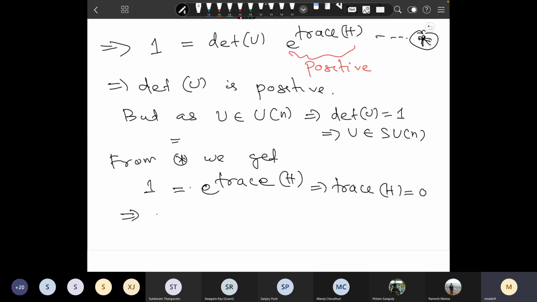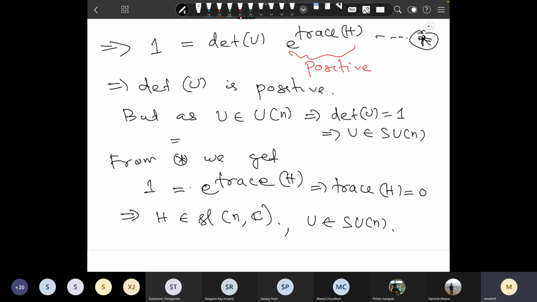So this will imply that H belongs to small SLNC. This is the definition of SLNC. If you have worked out that exercise, that if trace of H is equal to 0, then H belongs to SLNC. So we are getting that H belongs to SLNC and U belongs to SUN.